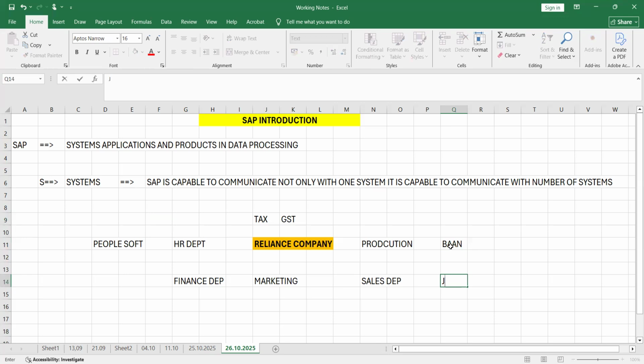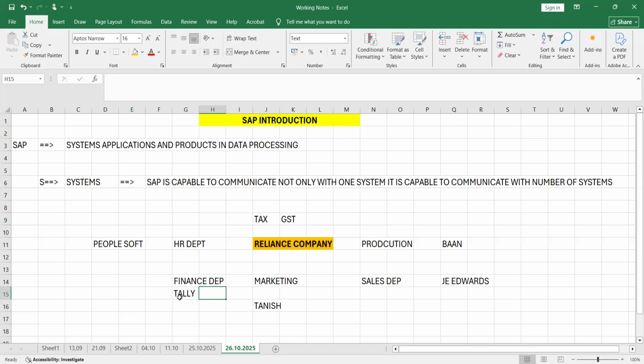In the sales department, we are using JD Edwards. In the finance department, we are using Oracle or Tally. For the finance department, we are using Tally.